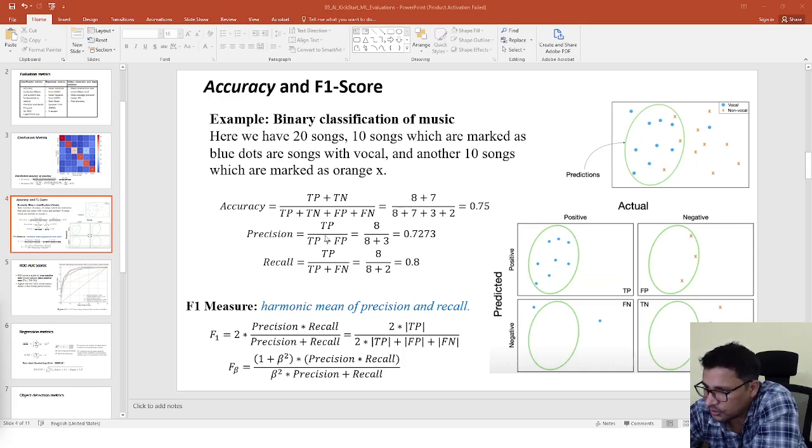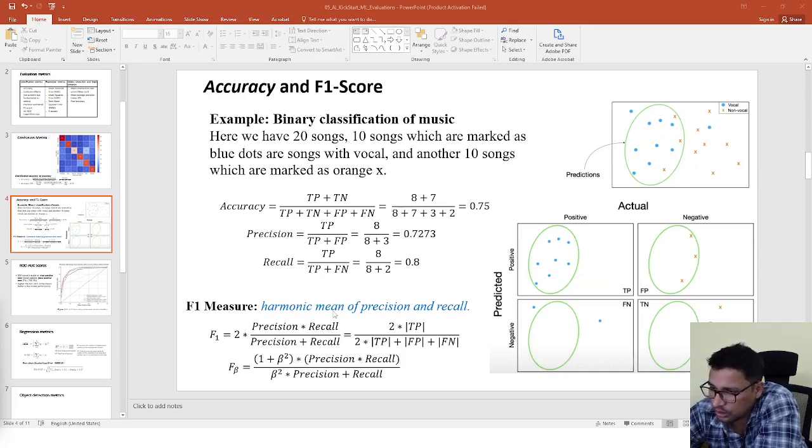And then our precision, true positive divided by true positive plus false positive, is around 1, because we don't have any false positive in this case. That's why the precision is 1, but the recall, as you can understand, is very low, because outside of this all the samples are non-vocal.